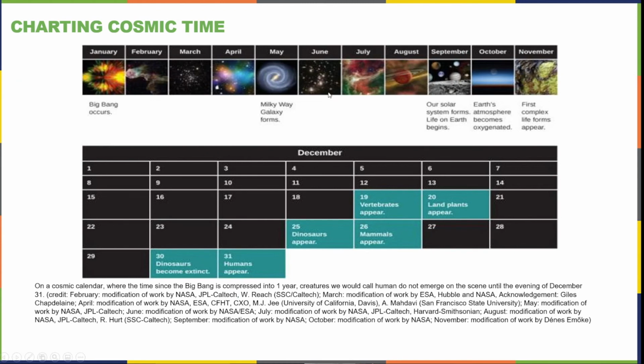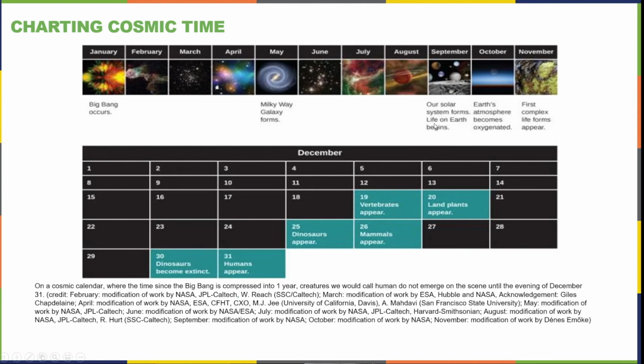And in June, more stars form, more galaxies form, and so June, July, August, planets started to form around these stars, even around our sun. The planets started to form, and in September, 9 months after the Big Bang, our solar system forms and life on Earth begins.